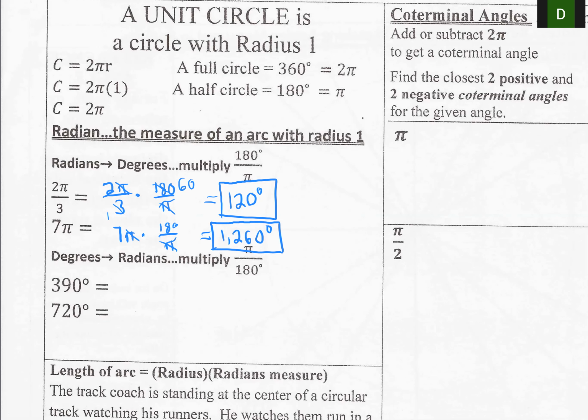Okay, whenever you're converting from degrees to radians, you multiply by the reciprocal of 180 over pi. So now you're multiplying by pi over 180 to get from degrees to radians. So it's going to be 390 times pi over 180.